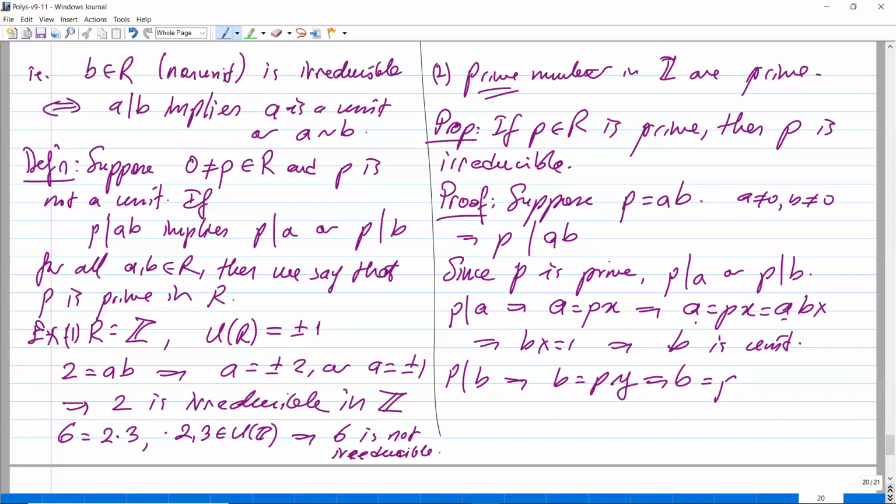And if P divides B, then B is equal to P times Y for some Y. So replace this P by A times B, giving B equals A times B times Y. When we cancel these B's, because B is not zero, we get A times Y is 1, so that A is a unit. So therefore P is irreducible.